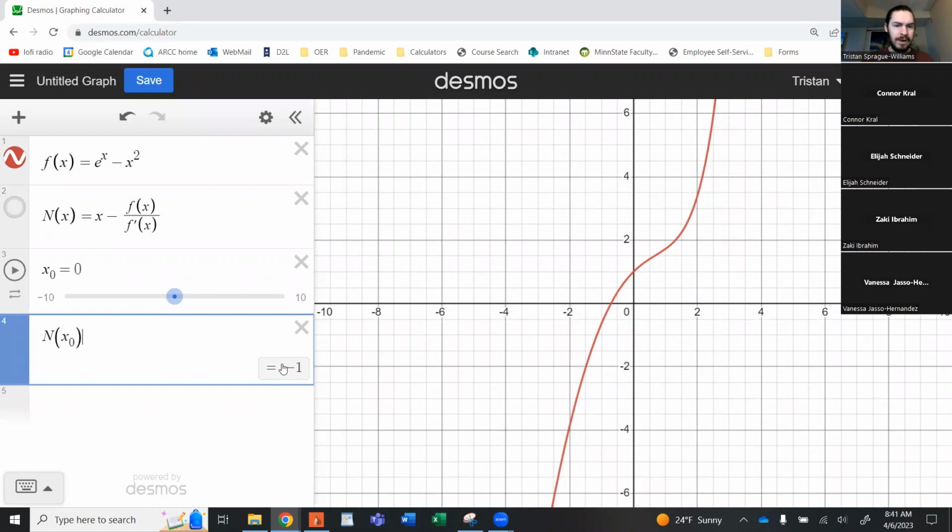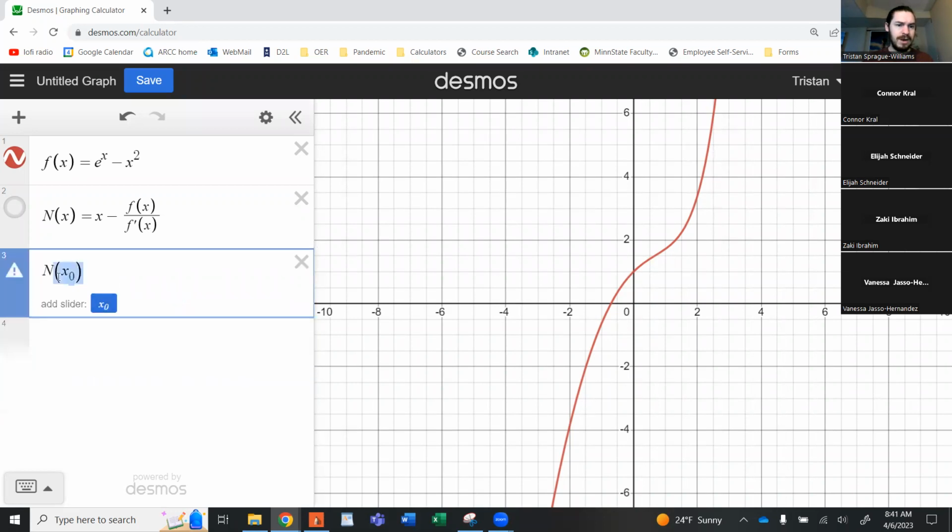And that was this whole calculation? All we needed to do is plug x0 in. We could just put the 0 right in here. n of 0 is your first guess. If you want to know what the second guess is going to be, do n of n of 0. So take the output of that function and plug it back into the same function. There's the next guess. Does that number look familiar?